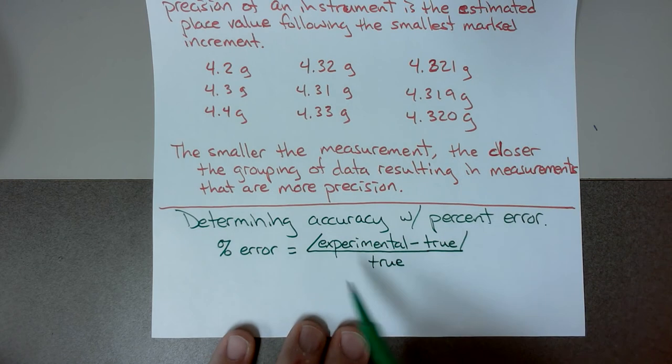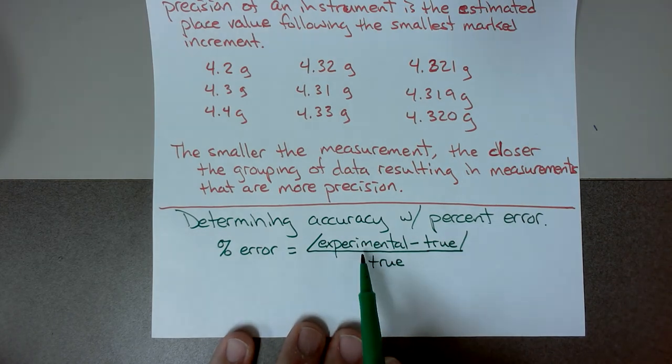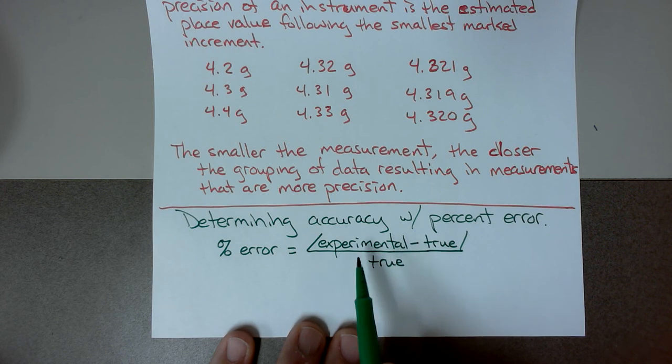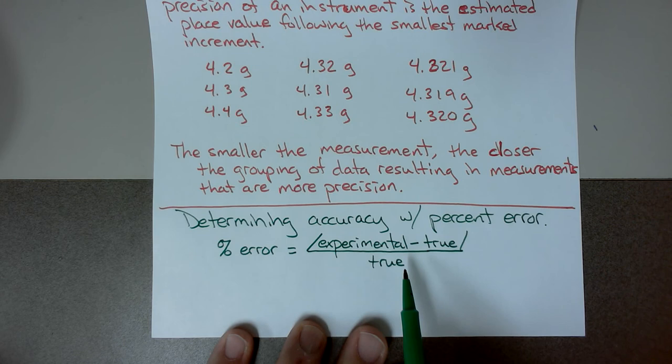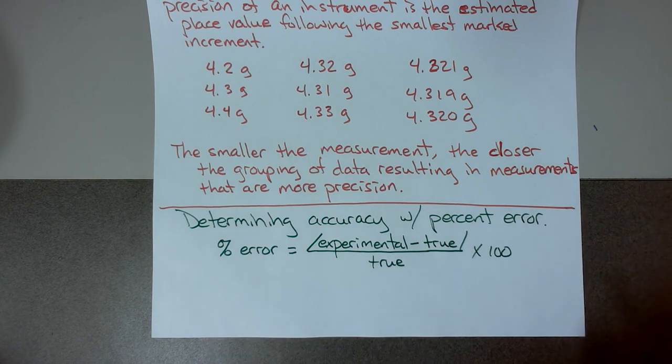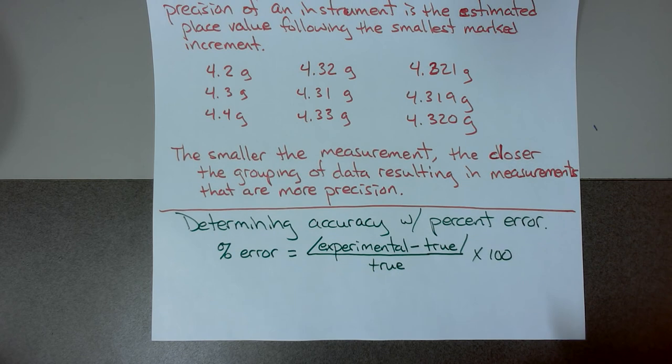And it's absolute value, because let's say this was smaller than the true value and you got a negative, but you can't have a negative percent, so it's the absolute value of experimental minus true, divided by true, times 100. And that gives you your percent error.